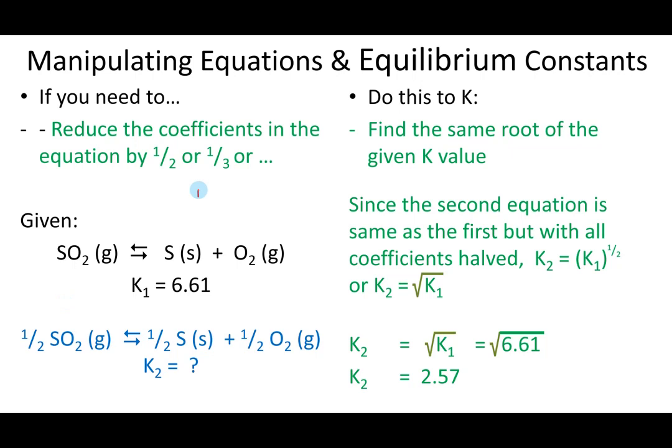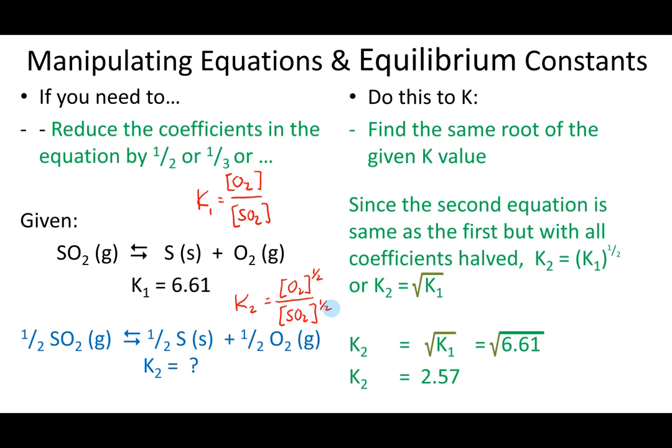So while K up here would be oxygen over sulfur dioxide, as in our original expression, down here, K for our second reaction would be oxygen over sulfur dioxide, but instead of squaring them like in the last situation, we're taking them to the 1/2 power, which of course is a square root operation in our math.